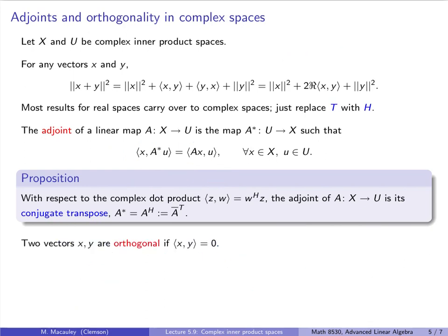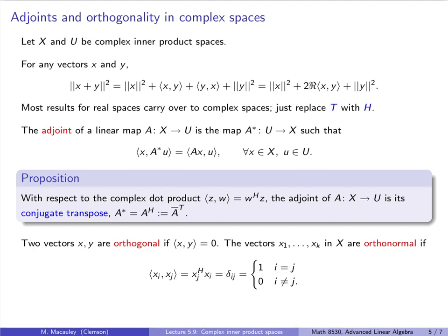Let's move on to orthogonality. The definition is basically the same as in the real case. Two vectors x and y are orthogonal if their inner product is 0. The vectors x1 up to xk are orthonormal if they are pairwise orthogonal and have unit length.